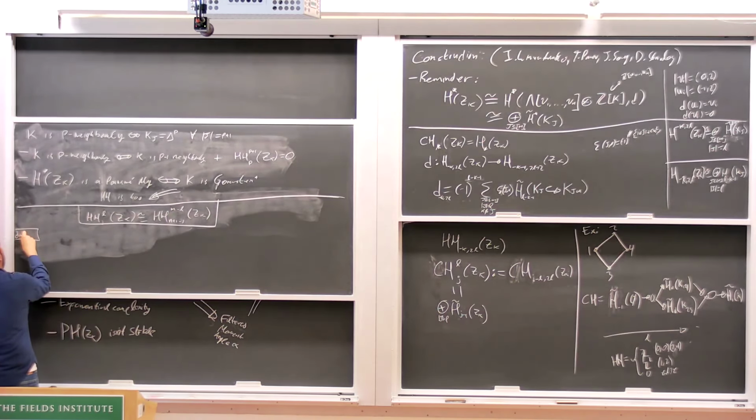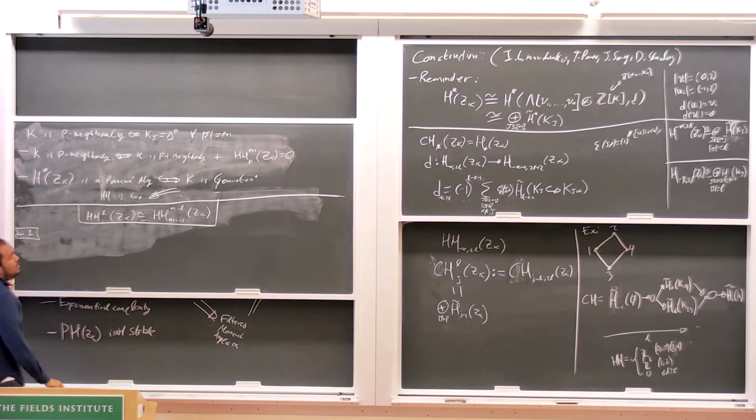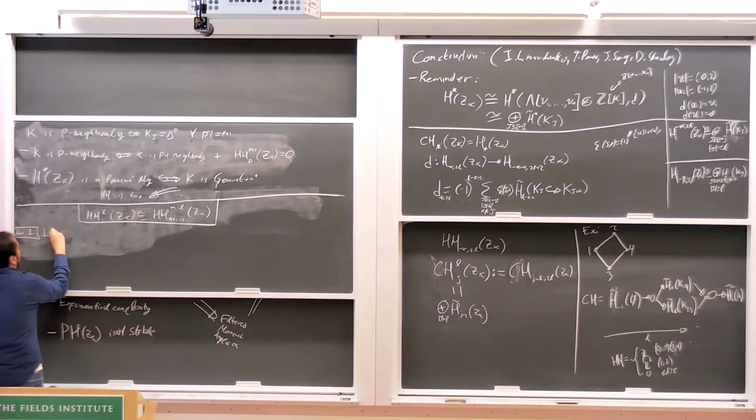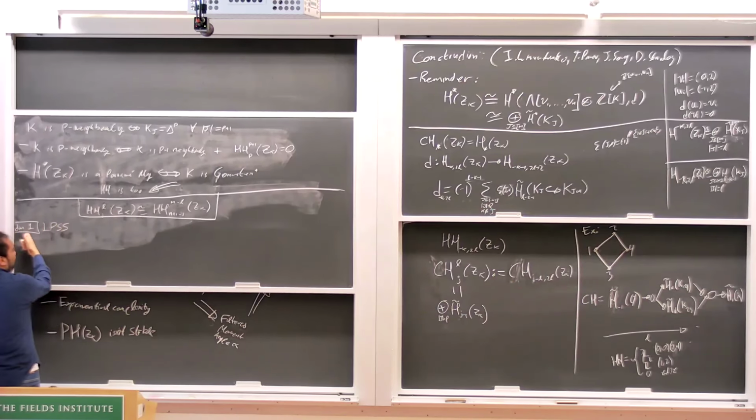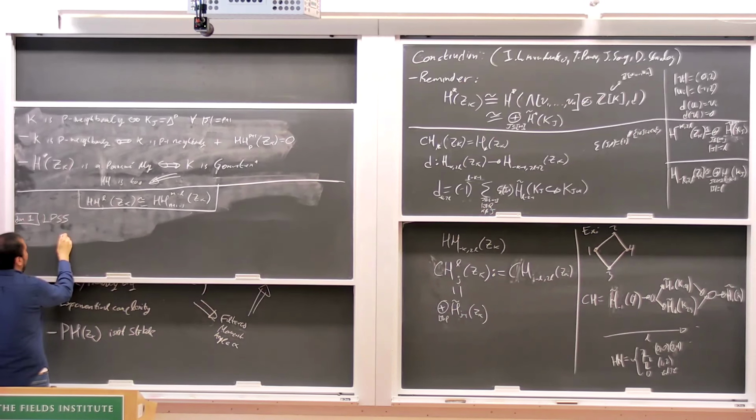The first result that came out of this was by Limonchenko, Panov, Song and Stanley. That is that if you look at dimension 1, you can explicitly compute the double homology of that.